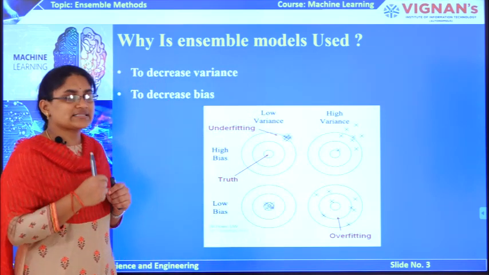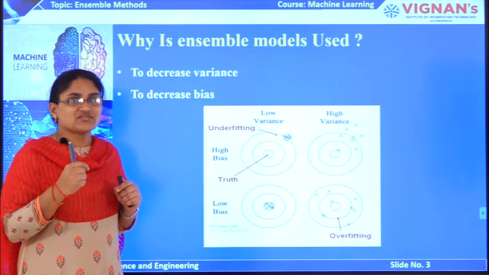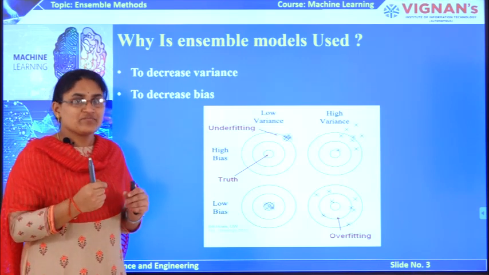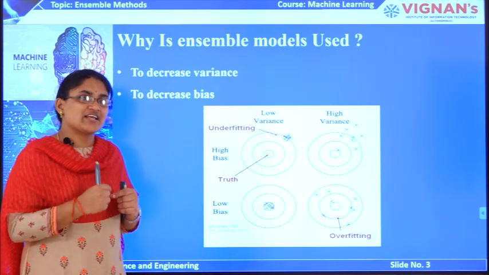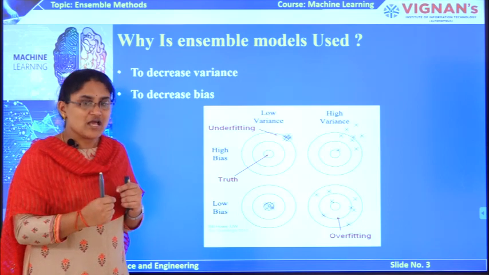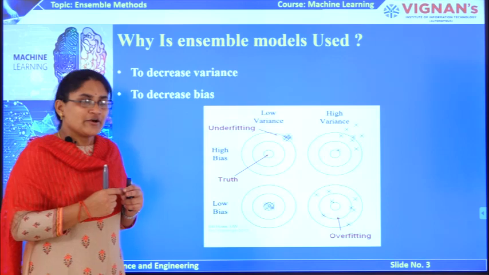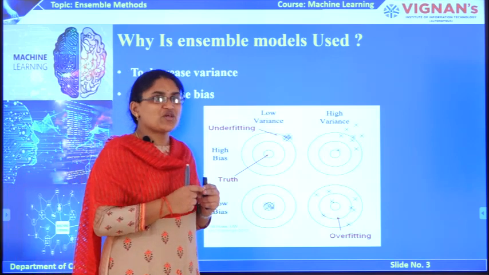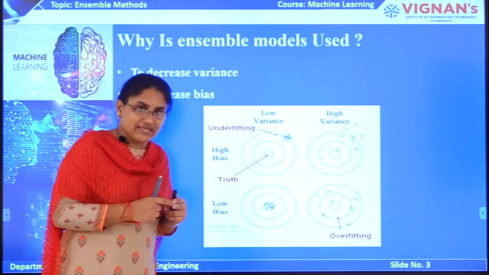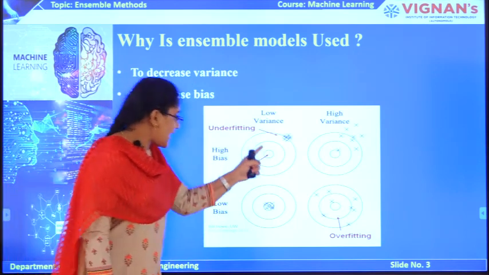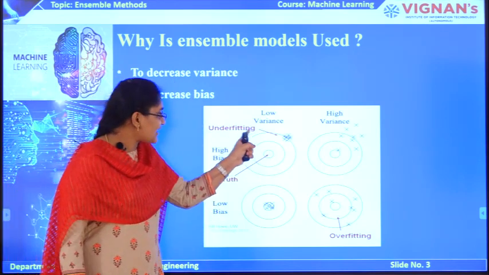And next let us see bias. The bias is nothing but error. This error occurs when we make false assumptions for building our model in the training phase. Due to these false assumptions, the model will get underfitting. See in this diagram, here the model will get underfitting.